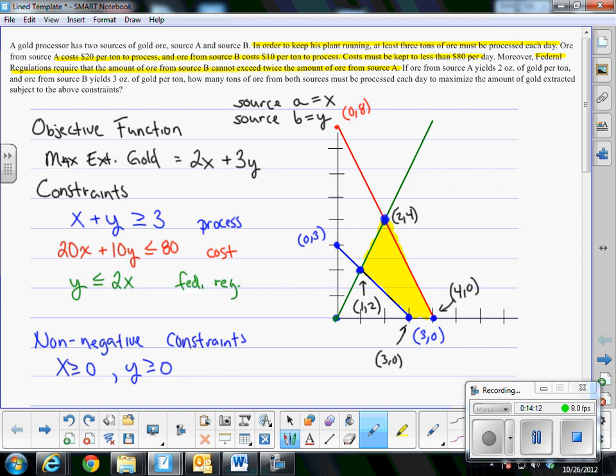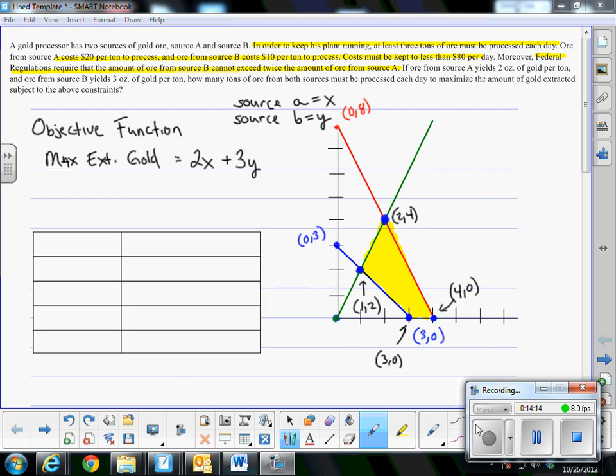What I've found useful in the past is to create a quick chart like this, with the vertex in this column and the objective function 2x plus 3y in this column. And remember, that's going to be a maximum.